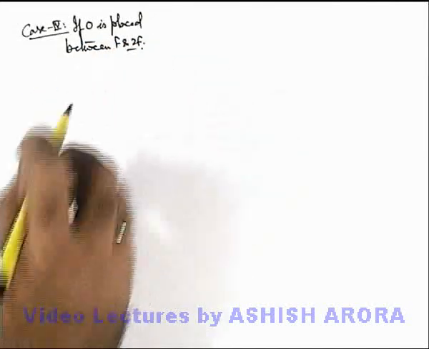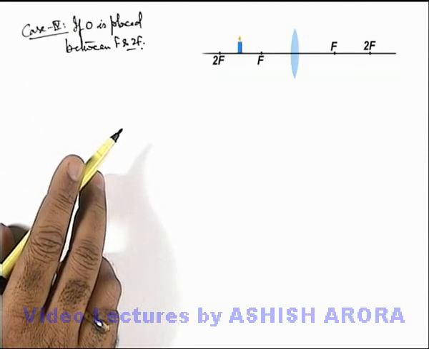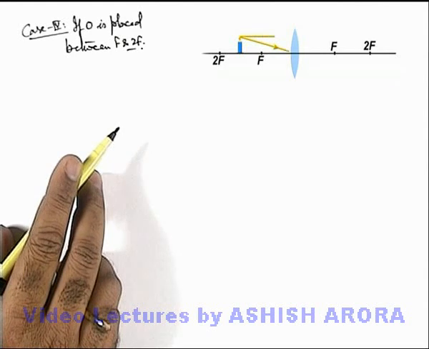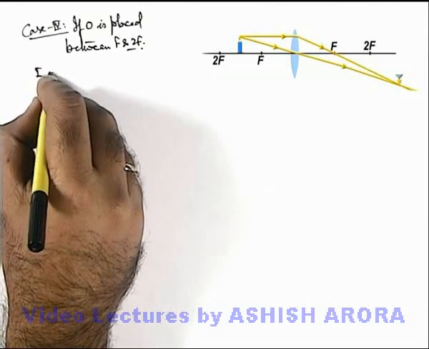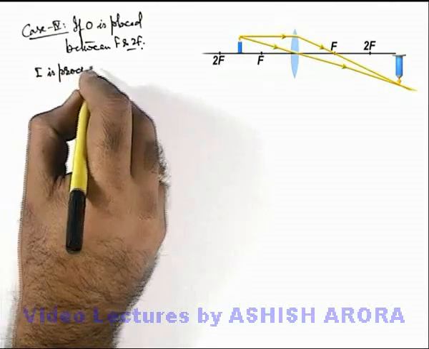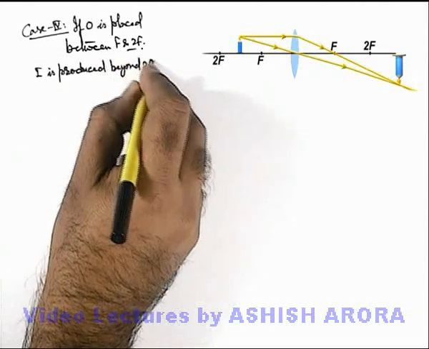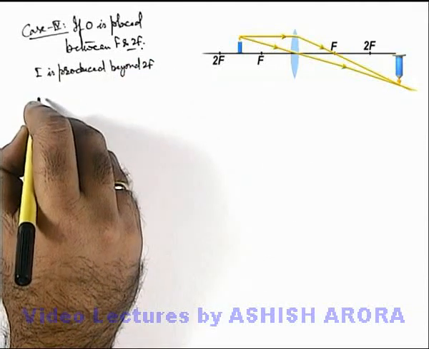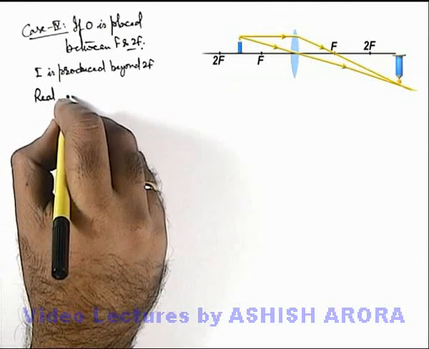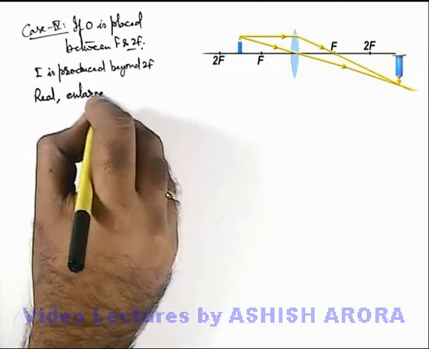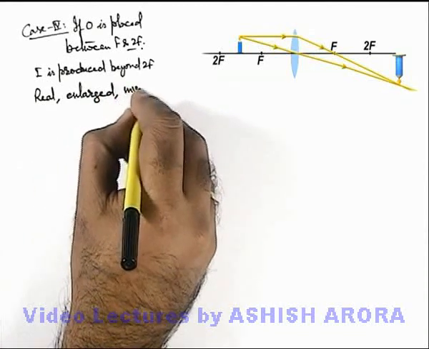So here you can see, in the situation on the left side of the convex lens, the object is placed between f and 2f, and again if we consider two rays according to the rule, we can see that the image is produced beyond the 2f point, and as converging refracted rays are there, the image will be real, and we can see it is enlarged, and again a real object is producing a real image, so this will be inverted.